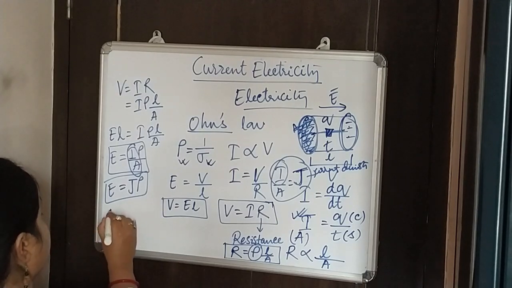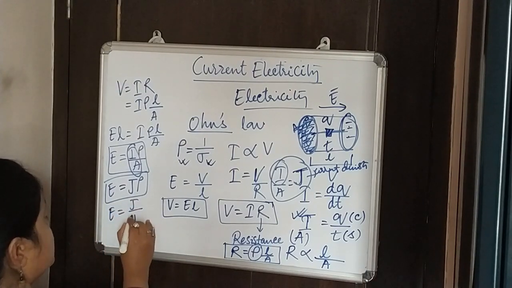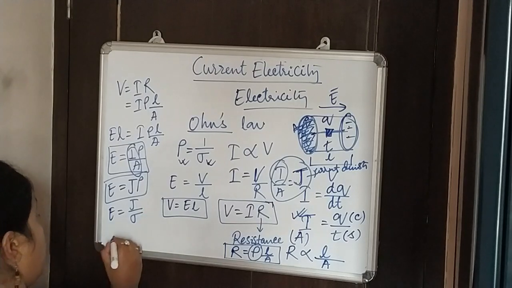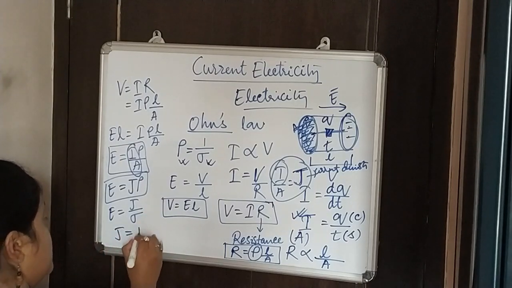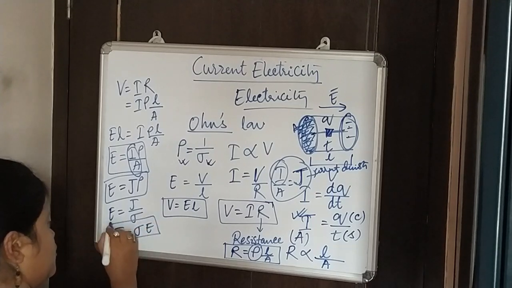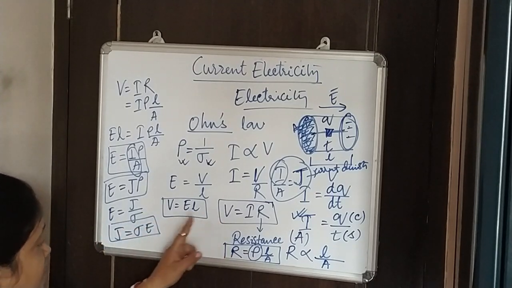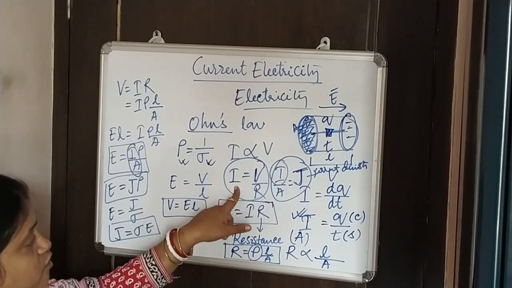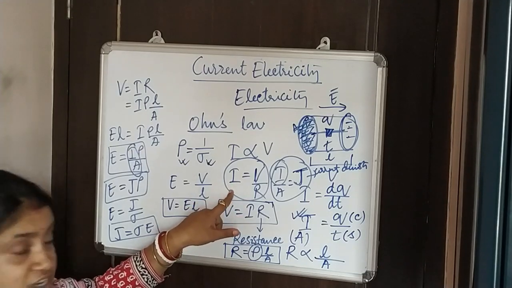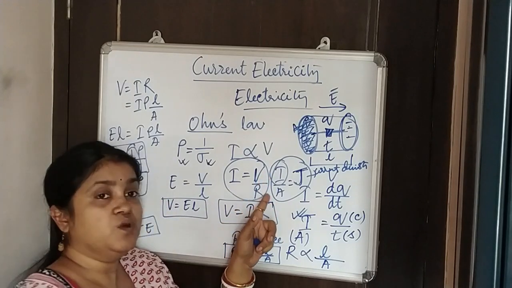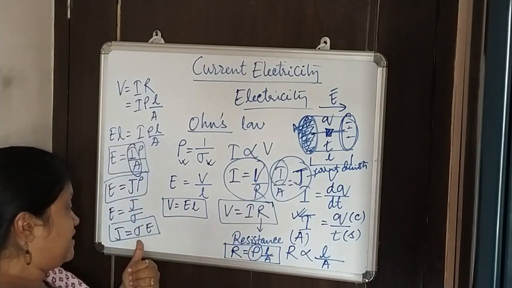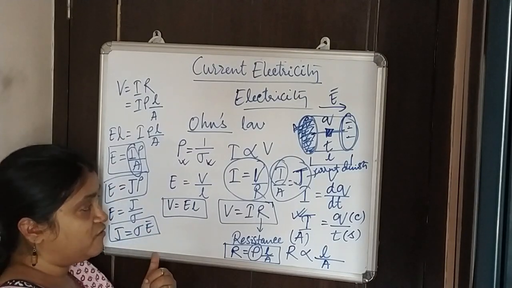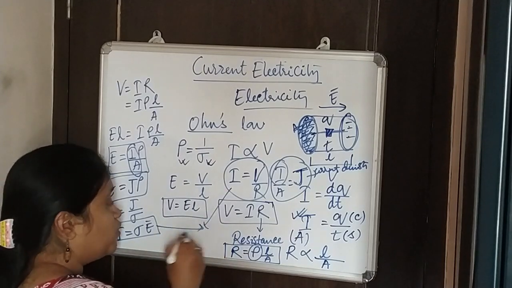So from here we can write electric field E is J by sigma, current density divided by the conductance of the material, or we can also write J equal to sigma into E. If you see this relation, Ohm's law talks about the amount of current flow, which is I equal to V by R, whereas this relation talks about the current density in a material, which is conductance into the electric field of the material. Both these laws are called Ohm's law.